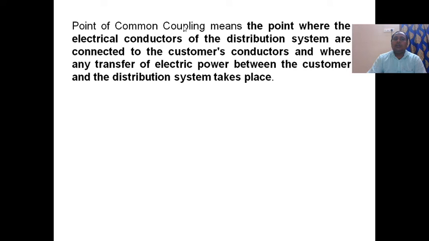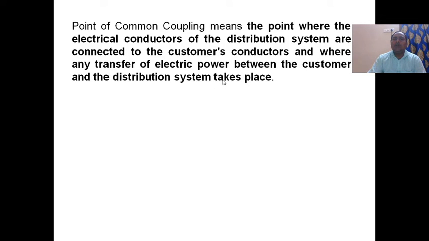Point of common coupling means the point where the electrical conductors of the distribution system are connected to the customer's conductors, and where any transfer of electric power between the customer and the distribution system takes place.